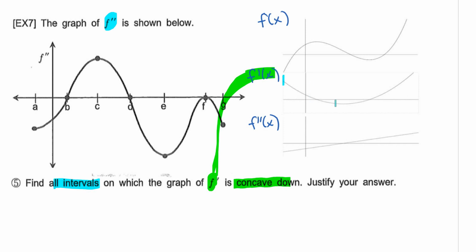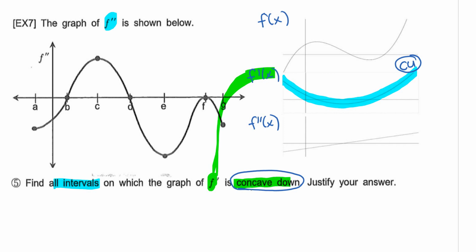No. If I take a look at this part right here, this part is actually concave up. Okay, so maybe we're not addressing the question initially, but maybe I can use this result to help me figure out what's happening to the second derivative when the first derivative is concave down.